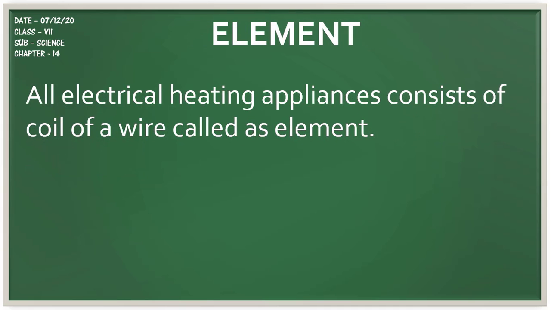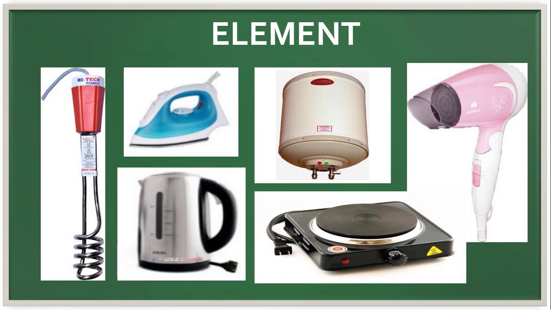All electrical heating devices consist of a coil of wire called an element. When these appliances are switched on, their elements become red hot and release heat. There are some electric appliances such as immersion heaters, hot plates, iron, geyser, electric kettles, hair dryers, etc., which have these elements inside them.